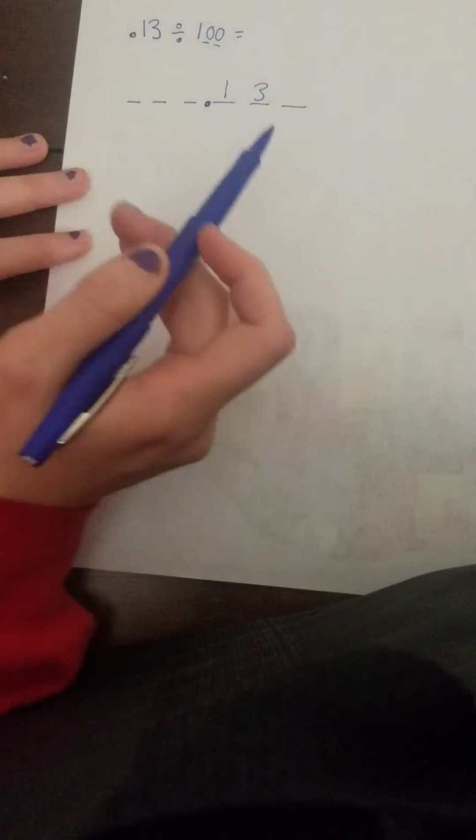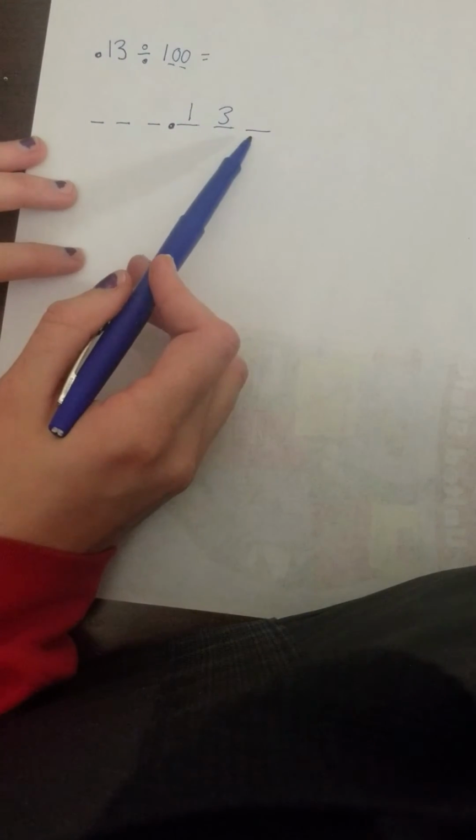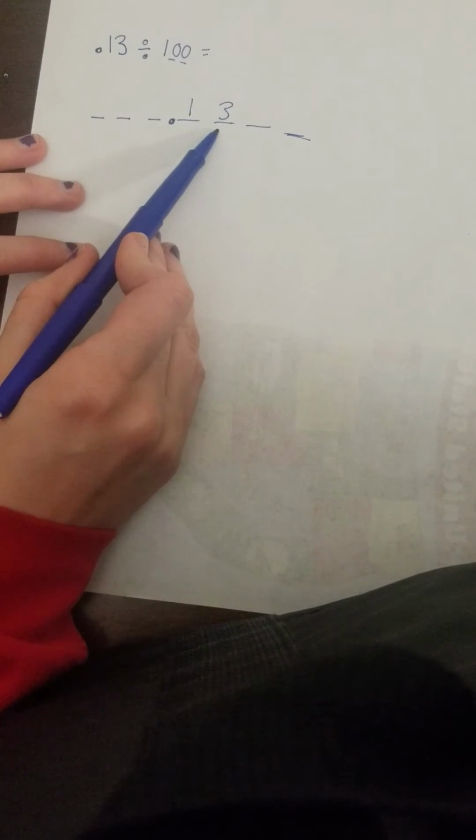So pay attention, we're dividing, so we're going to get smaller, and we're going to move it 2 spots because there's 2 zeros, so we'll move this number back 2 spots. Now I can see already I only have 1 spot behind it, so I'm just going to draw another line in. And I'm going to count my 3 over 2 spots. 1, 2, it's going to land right here.